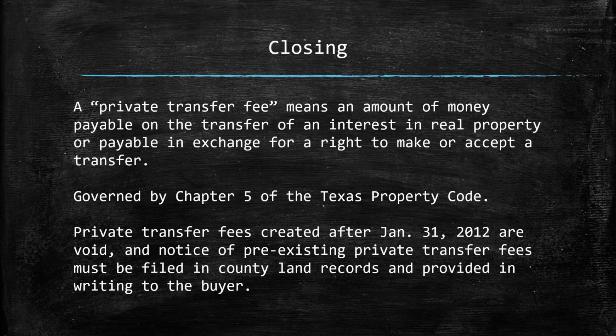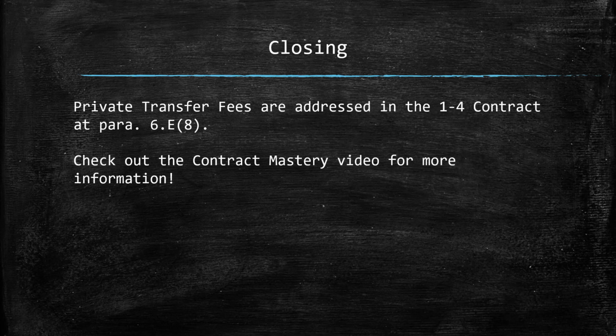There are a lot of different types of payments of money that happen when a property is sold from one party to another that are not considered private transfer fees.